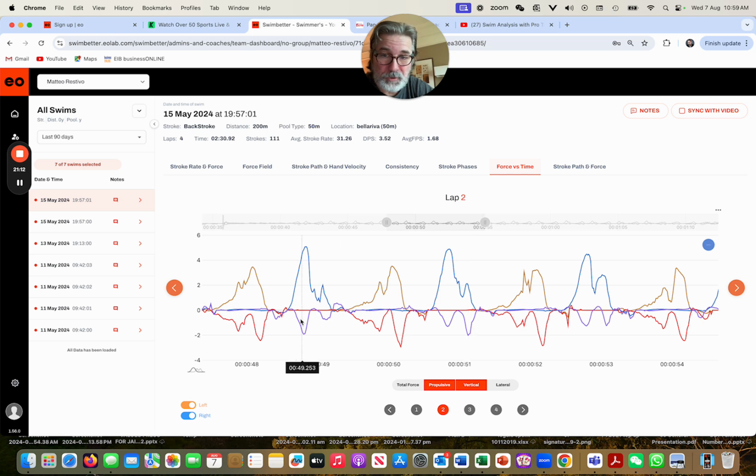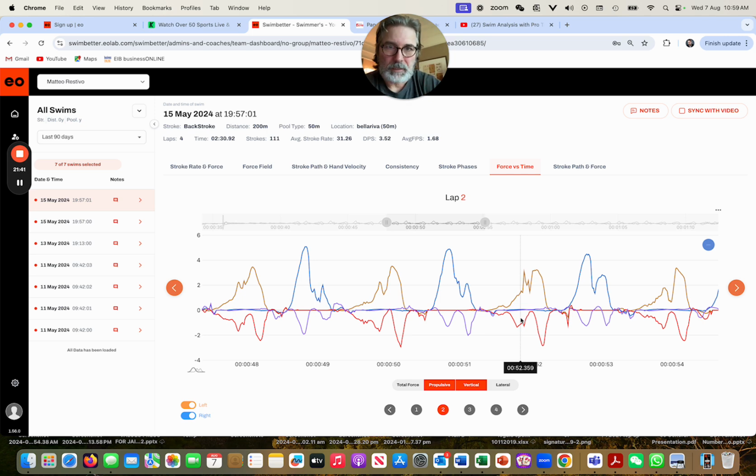And as you can see on the right hand, here, here, and here, it's considerably less than here, here, and here on the left hand, which tells us there's an opportunity on the left hand to improve this, to be able to transition or transfer some of that downward force on the left into propulsive. Likewise, this front end downward force, we should be able to minimize that a bit as well.